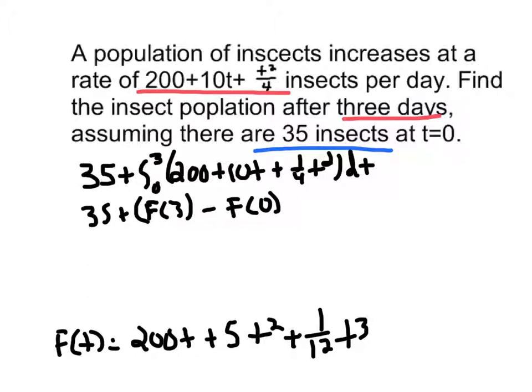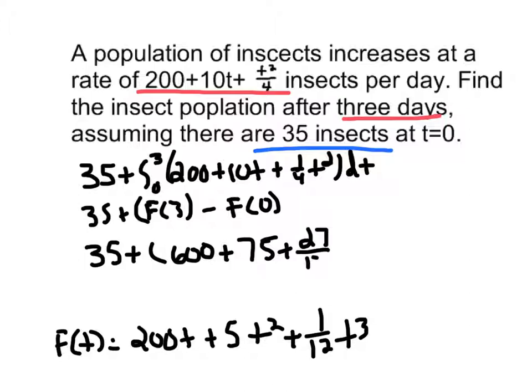So plugging that in, the insects are going to be 35 plus big F of 3, which is 600 plus 45 plus 27 over 12, minus big F of 0, which is 0.